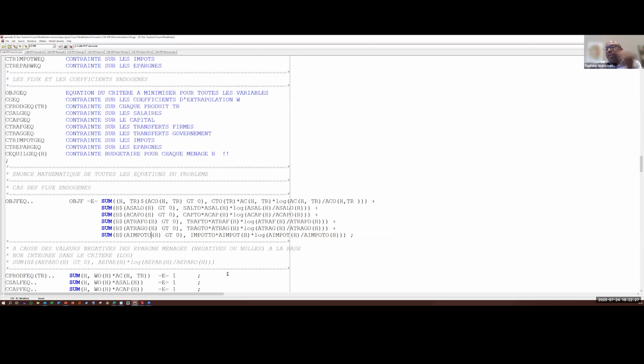So for this, I have to put it as exogenous, and in my criteria, I cannot put it here because if I put with a zero value here, the logarithm cannot be calculated. The ratio cannot be calculated, and the logarithm cannot be calculated. If I want to calculate with some negative value or zero value, I have to change the criteria. But if you change the criteria, you have to use an analytical criteria.